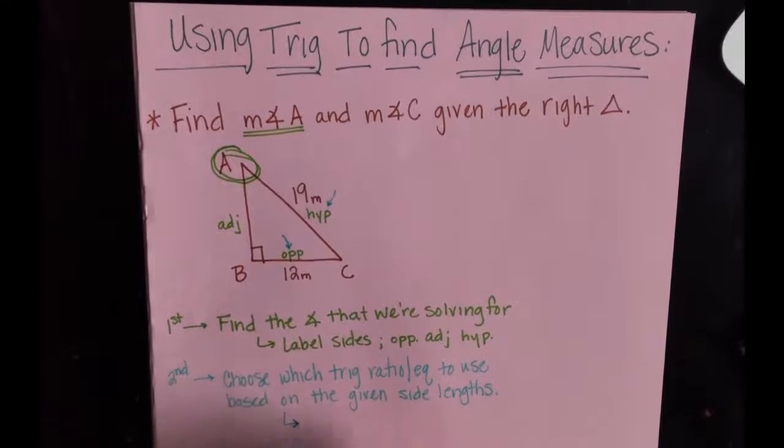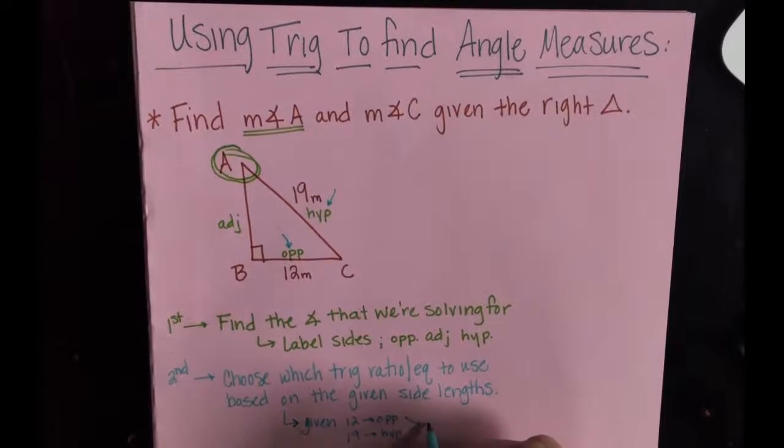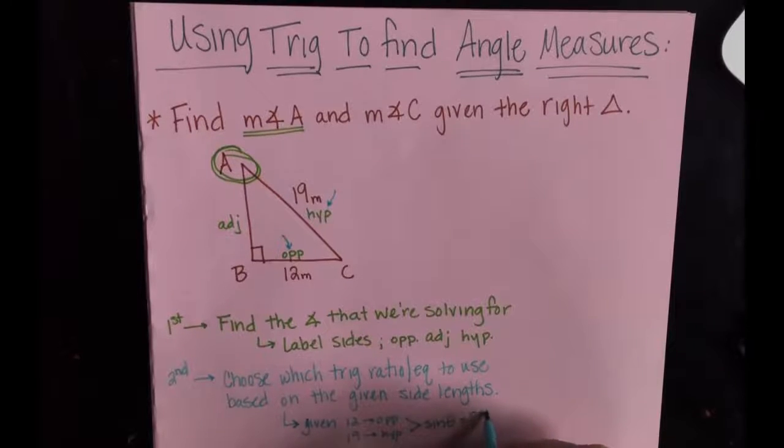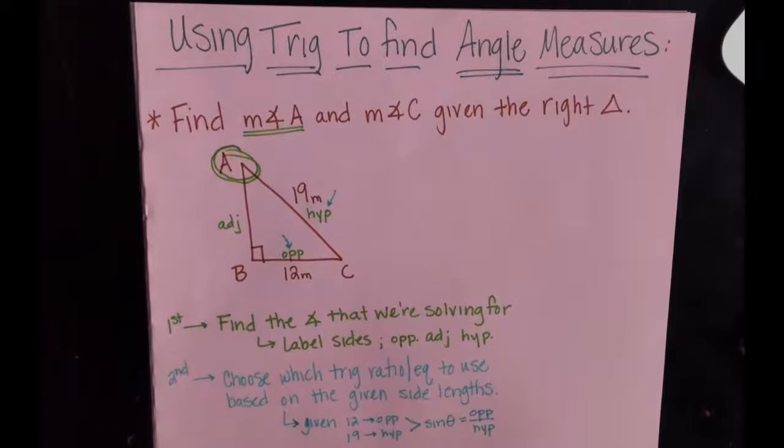So in this case, given 12, which is opposite, and 19, which is hypotenuse, these two work with our sine function. And so that's why we're going to choose sine.